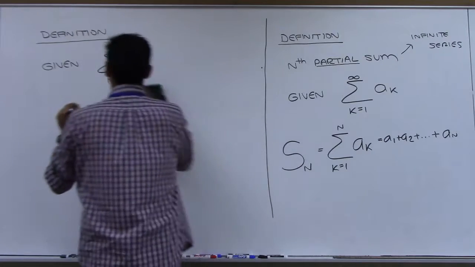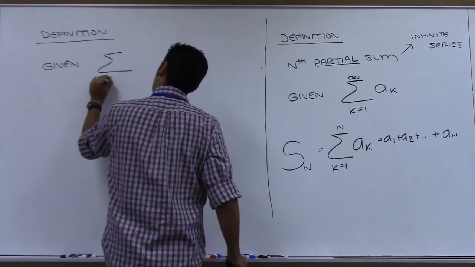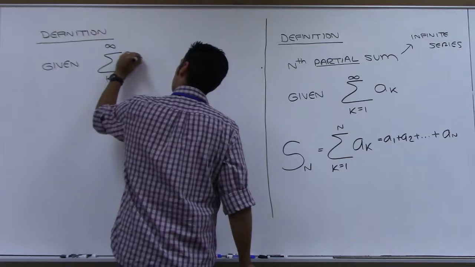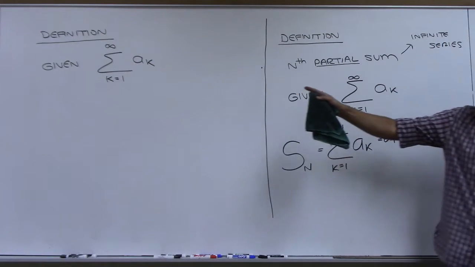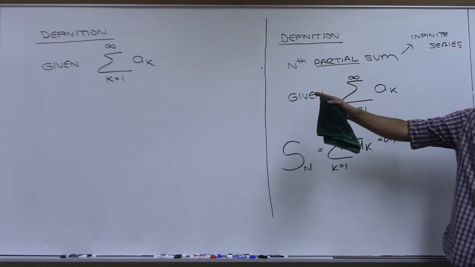Given the sum, I'll use k again, k equals 1 to infinity of a sub k. So that is what? We're given an infinite series.